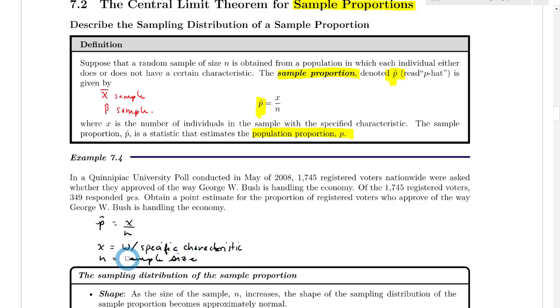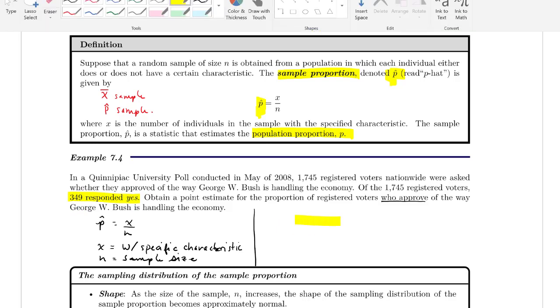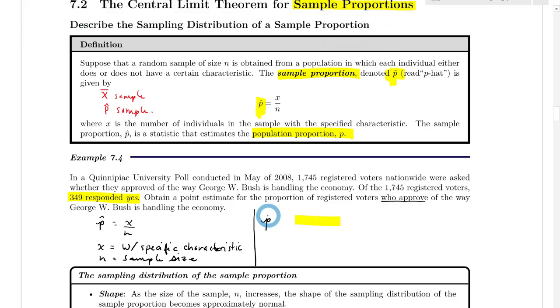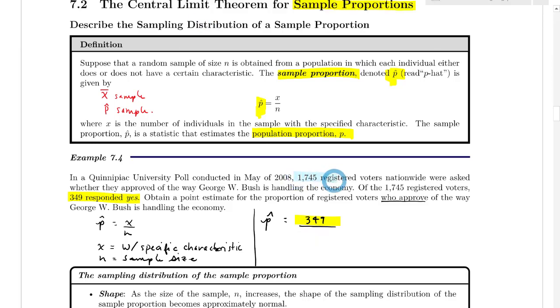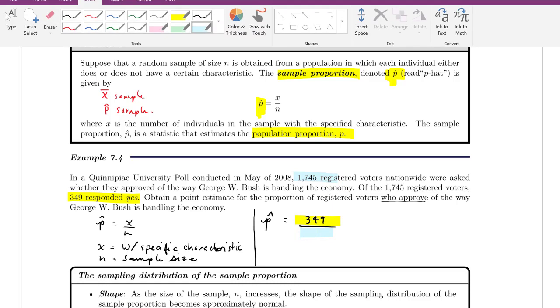So if we're looking for the number of voters that approve, the number that approved was 349. So here we're going to have p hat equal to 349 over the total number in the sample, which is 1,745.